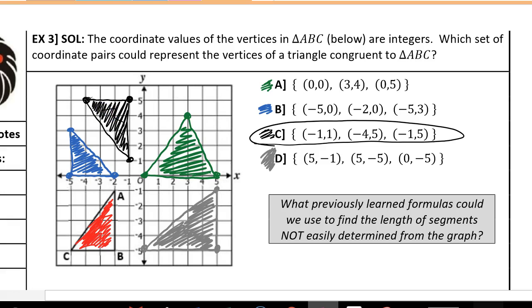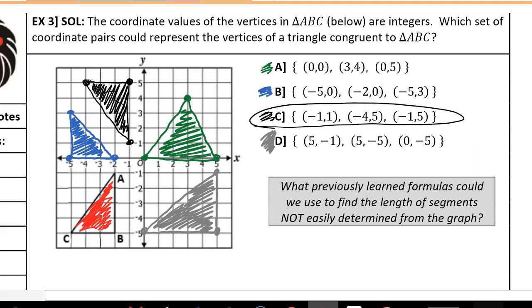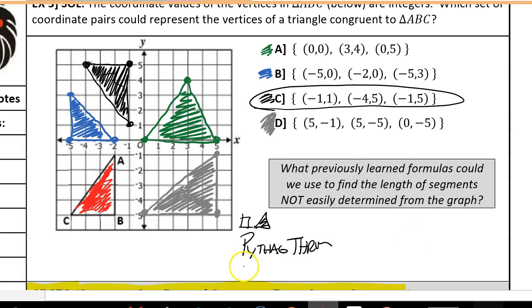Now, if I wanted to verify this with previously learned formulas, we remember if I'm given a right triangle, we could use the Pythagorean theorem, which states that a squared plus b squared equals c squared, where c is the hypotenuse.